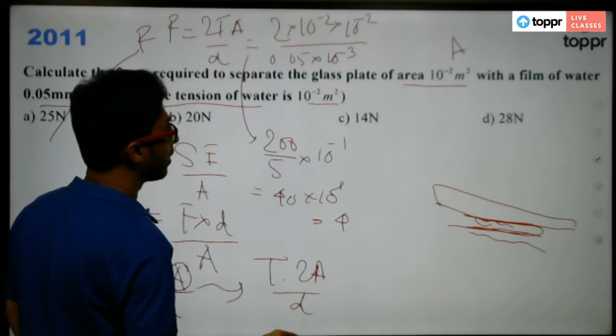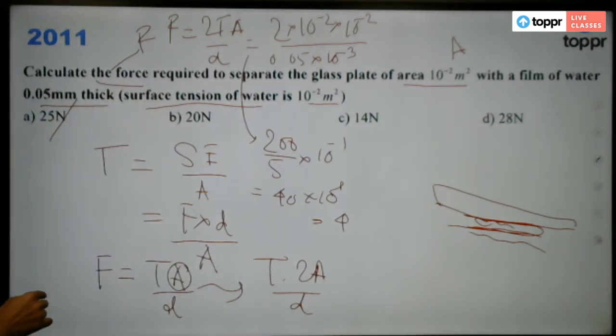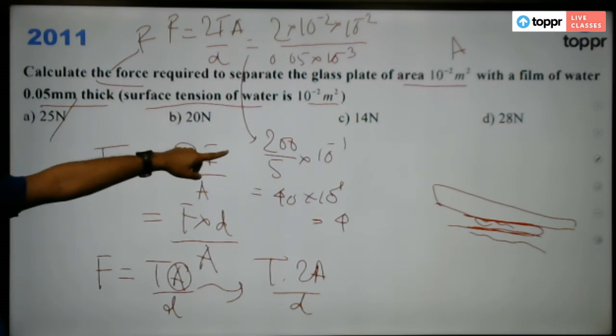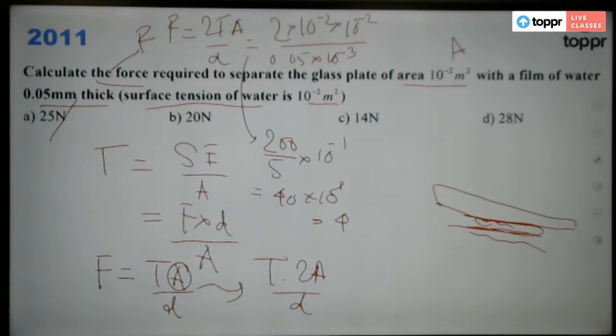It is 4. There is some mistake, I guess. Let me just see. Area is 10 to the power minus 2. Surface tension of the water is given by 10 to the power minus 2.